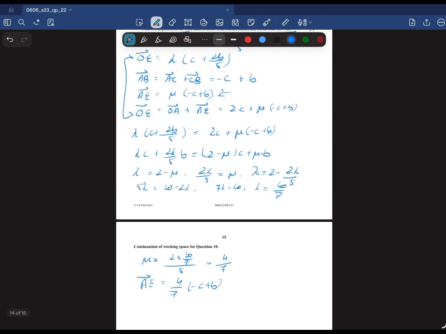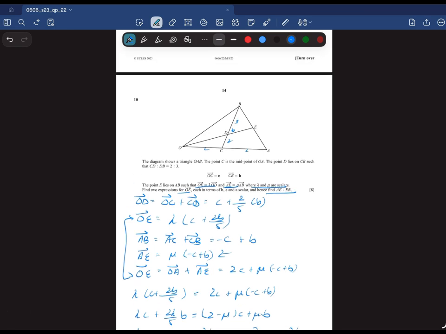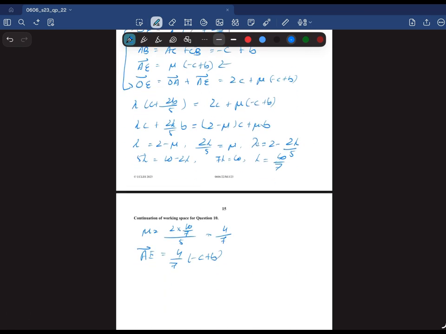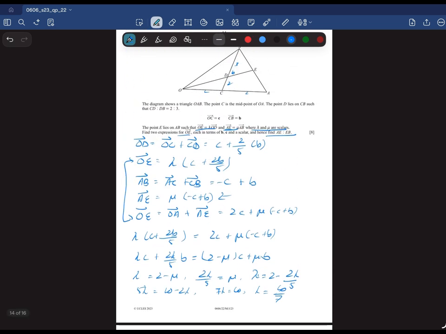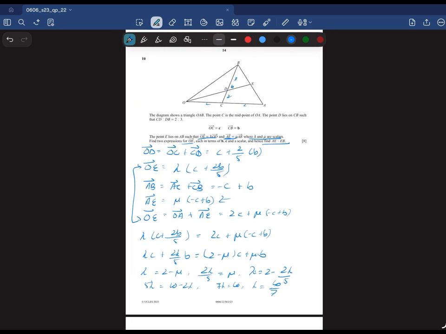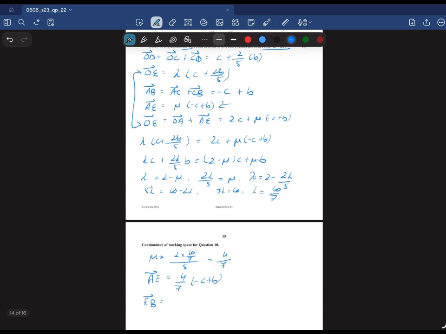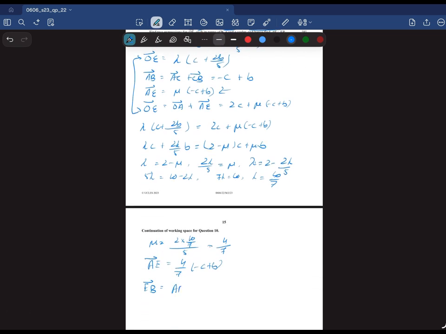And EB would be equal to AB minus AE. AB is minus c plus b, minus 4 upon 7 minus c plus b.